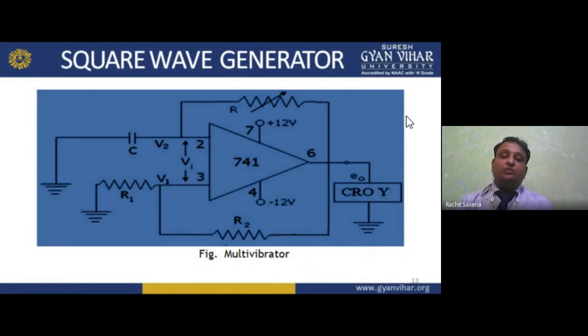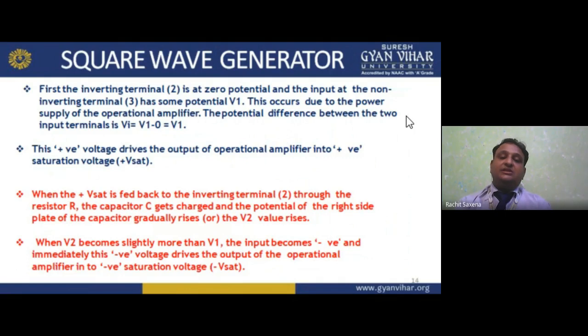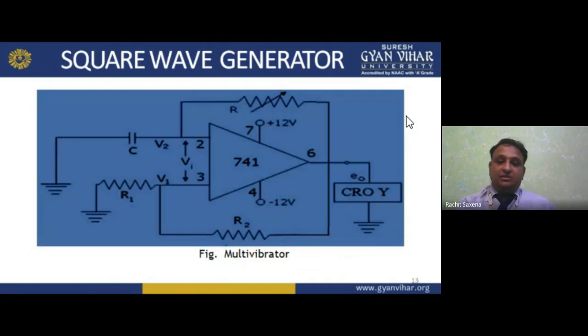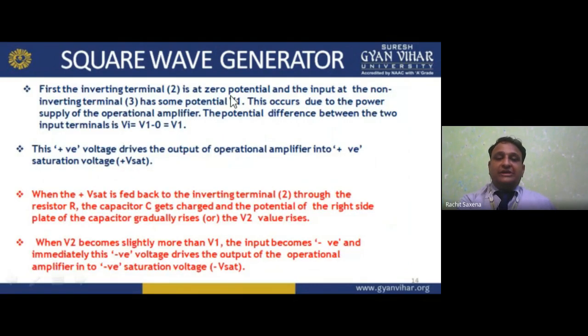Now, see the explanation of how it works basically. First, the inverting terminal 2 is at zero potential, and the input at the non-inverting terminal 3 has potential V1.